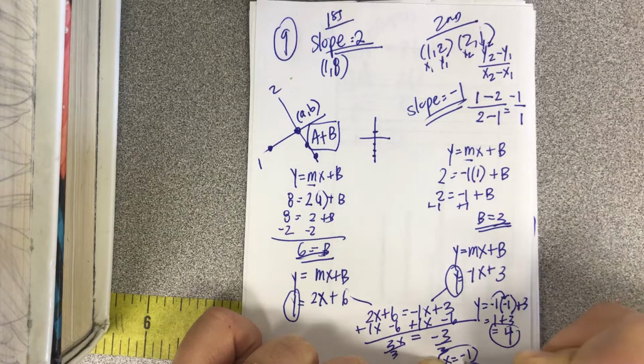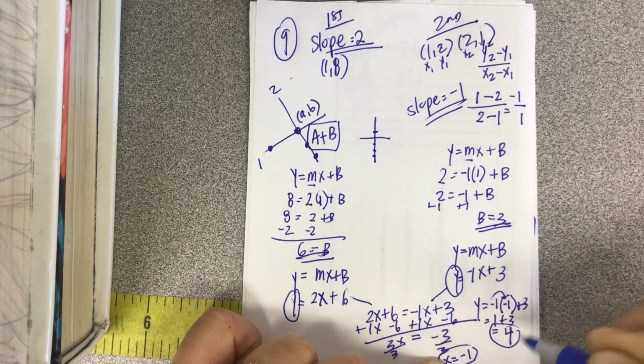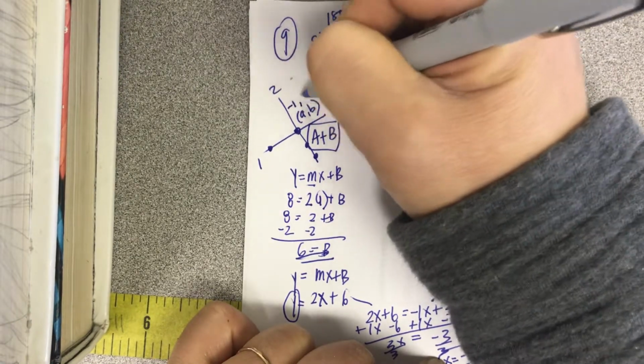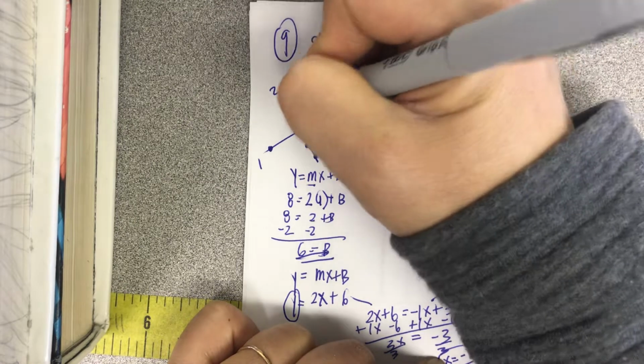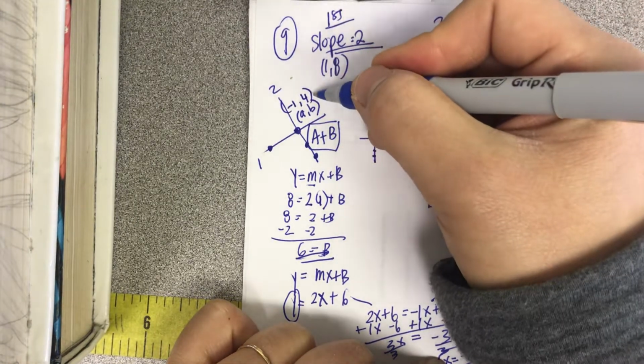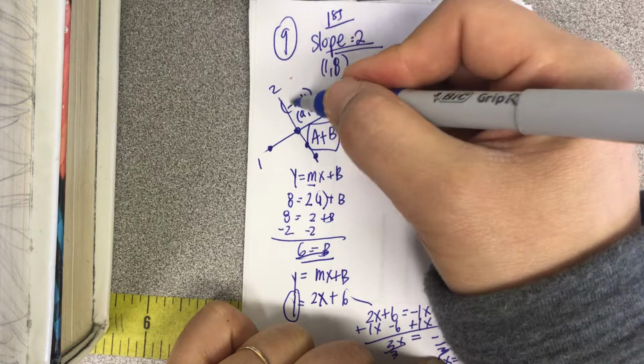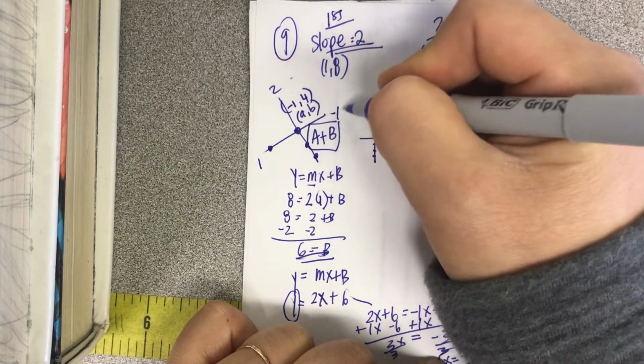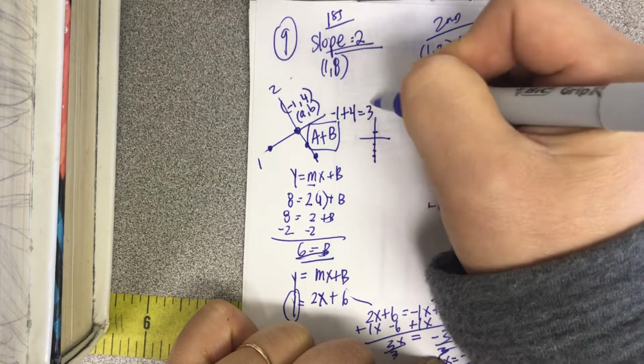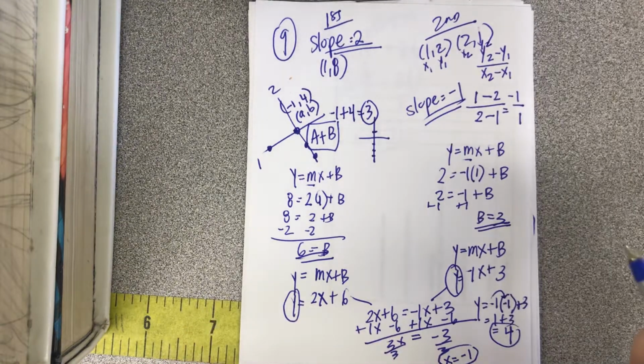So our coordinates are negative 1 and 4. But that's not what they want. They want us to find a plus b. So negative 1 plus 4 equals 3, and 3 should be your answer.